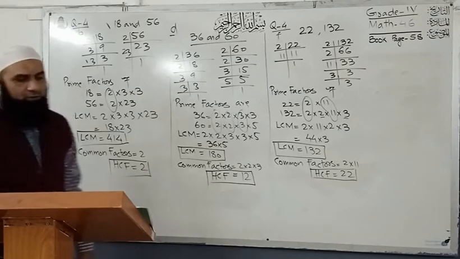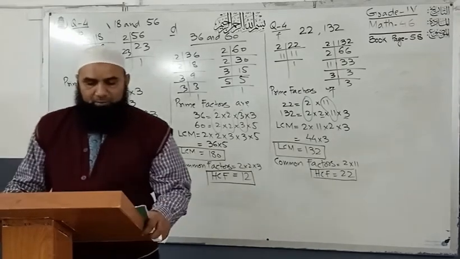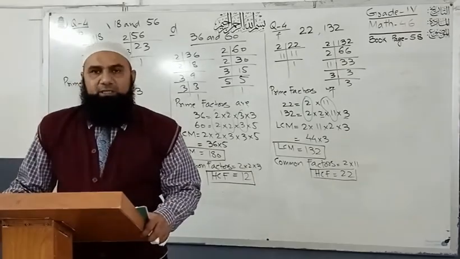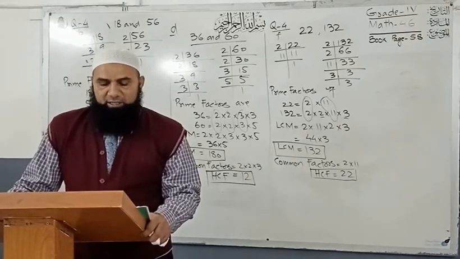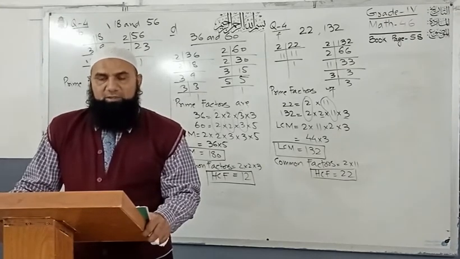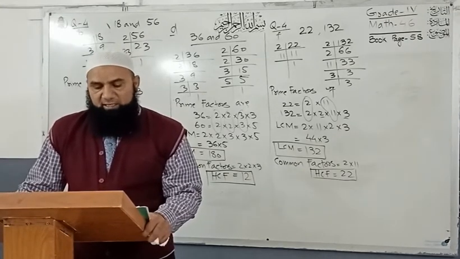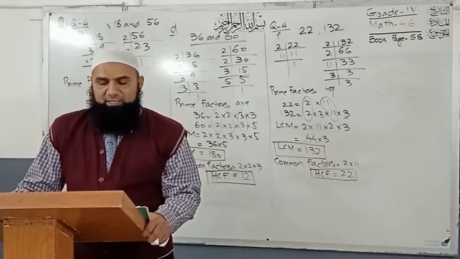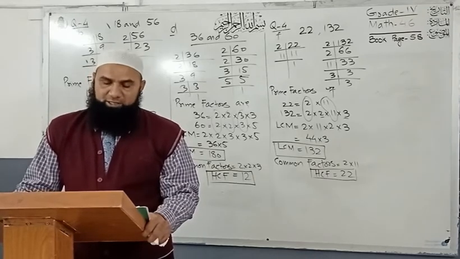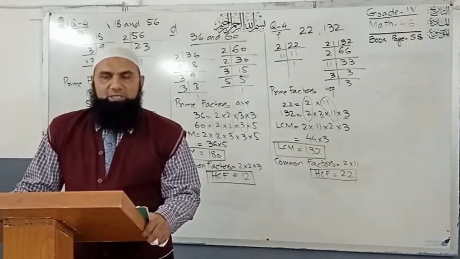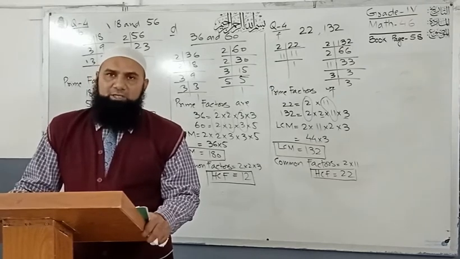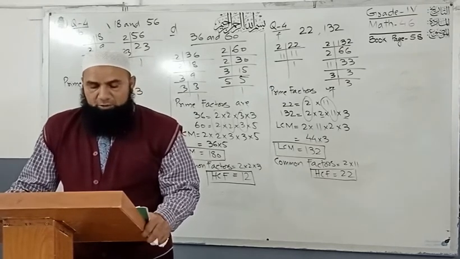Okay, so in this table you see the pair of numbers is 6 and 9. 6 and 9 product will give us 54. Okay, find their HCF and LCM. HCF of 6 and 9 is 3, while the LCM is 18. 18 multiplied by 3 is also 54.